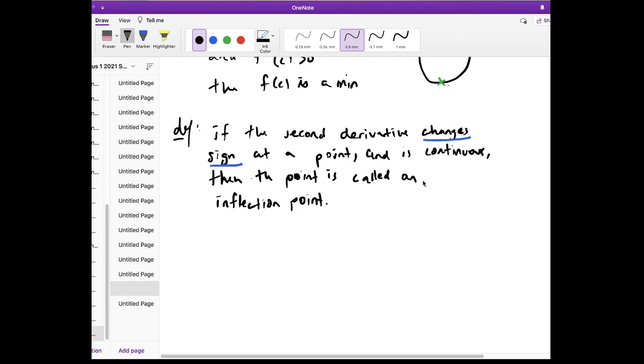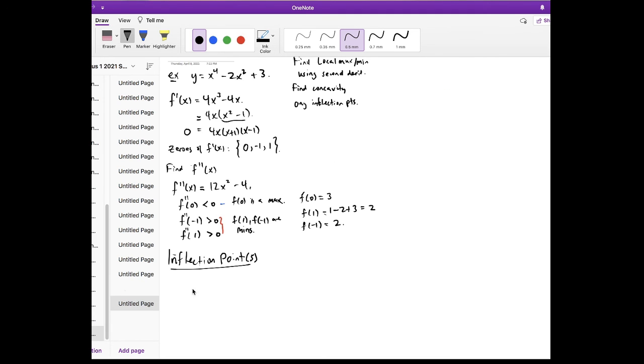Because a continuous function that changes sign, you have to be at the roots. So 0 is equal to 12x squared minus 4. So 4 is equal to 12x squared. And then 1/3 is equal to x squared. So what's x?